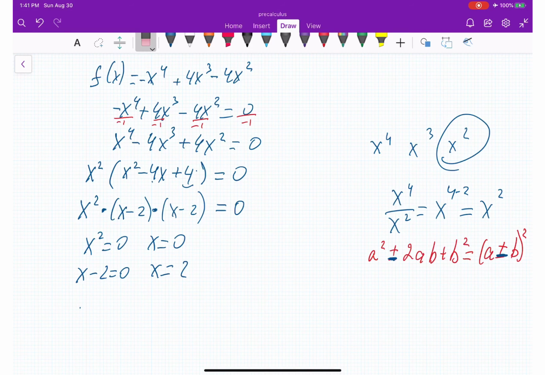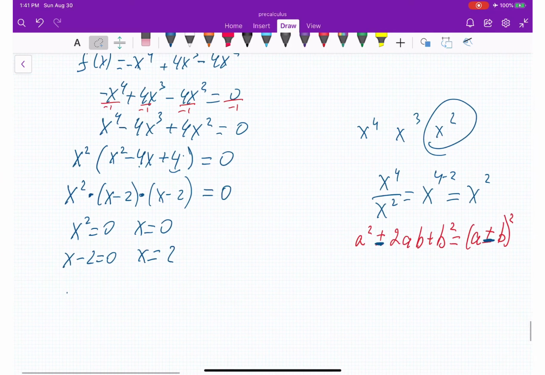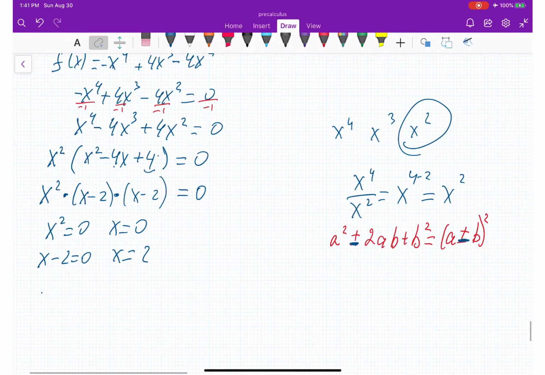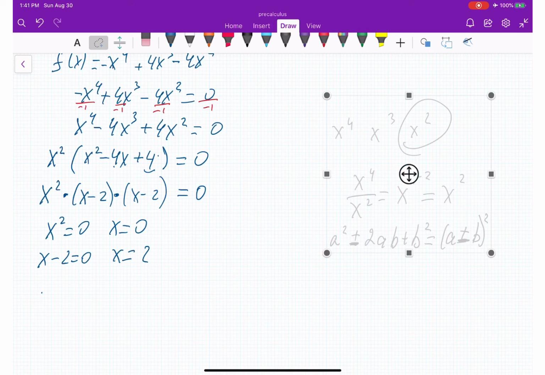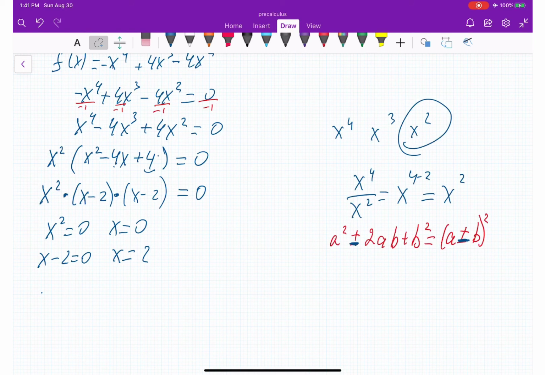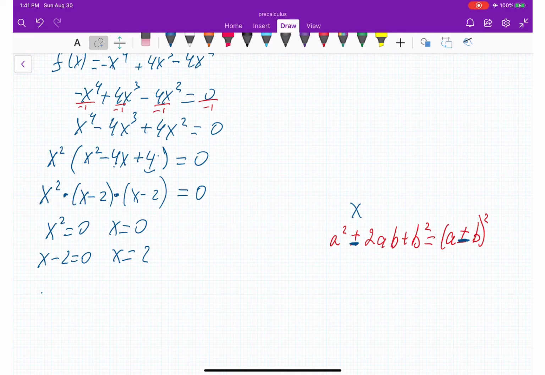Okay, so what we are going to get here, if I approximately show half of the graph, let's do this. I will clean this, and this piece I will move higher.